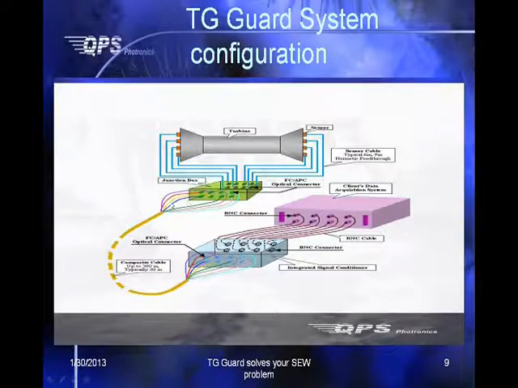The composite cable has the benefit of keeping the signal in optical form, where it can go for even several kilometers to the control room. And this is why TG Guard is very different from any competitive product.